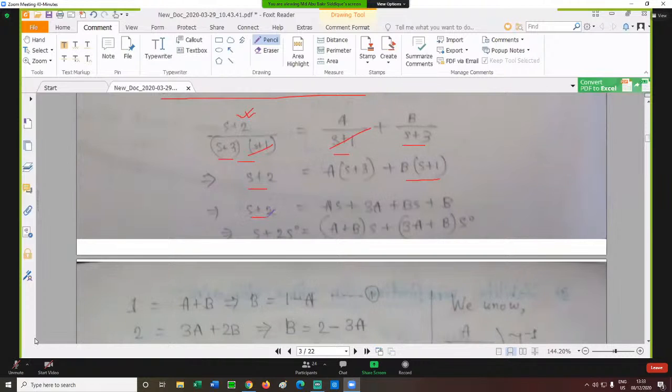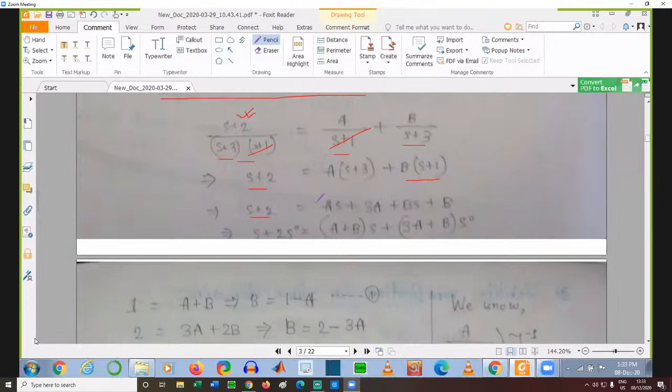After that, we get s plus 2 on the left side, and on the right side you get As plus 3A plus Bs plus B. That is what you get on the right side, and on the left side you get s plus 2. From this equation you can write s plus 2 as s plus 2 s to the power 0.